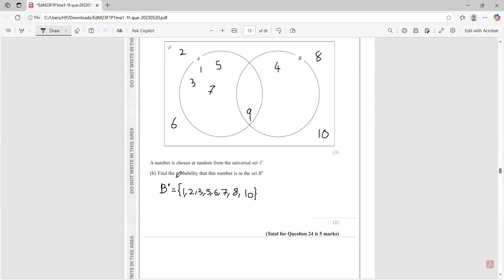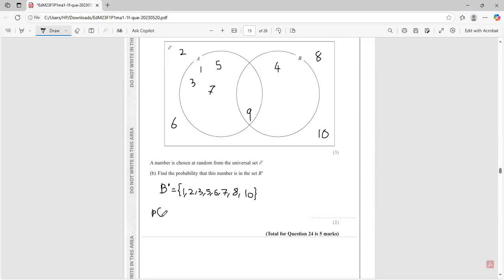It says, find the probability that this number is in the set B prime. Now, remember, formula for probability is what? Number of required outcomes over number of possible outcomes. So number of required outcomes means we should count how many are in this set. And how many are there? 1, 2, 3, 4, 5, 6, 7, and 8. So let me just write it here.